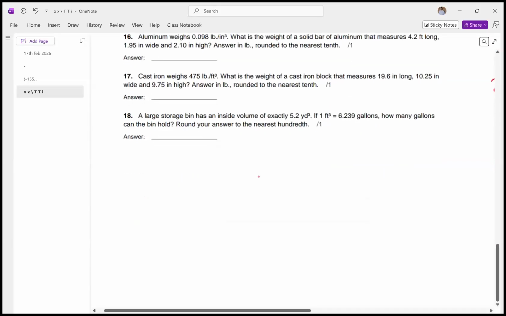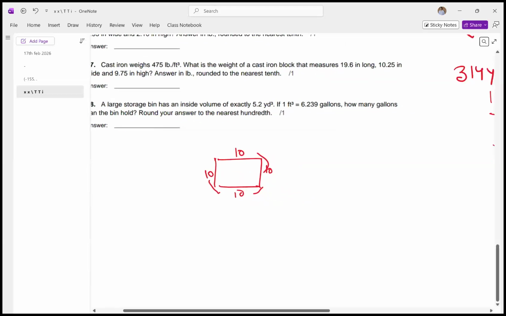Earlier we were talking about perimeter. You added the numbers, so let's say this was 10, 10, 10, 10. You added all these numbers, and then if you were to convert it, you use the conversion and solve the question. But now it is area. So in area, conversions are a little bit tricky, so I'll show you what I'm talking about.